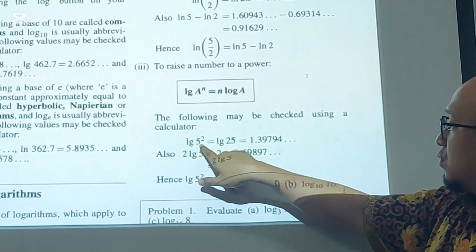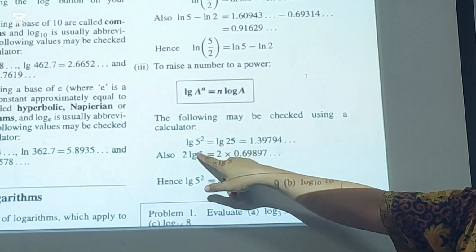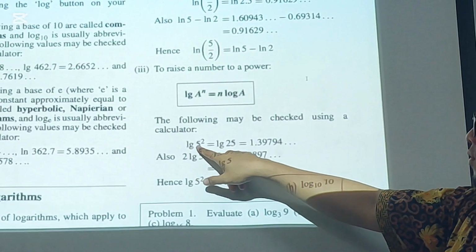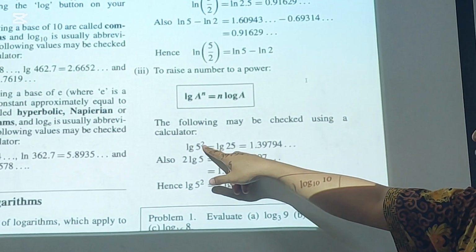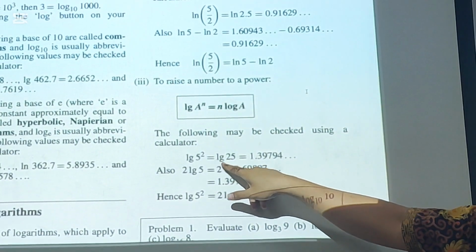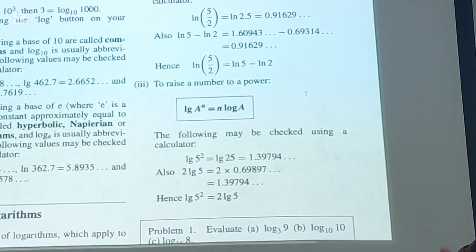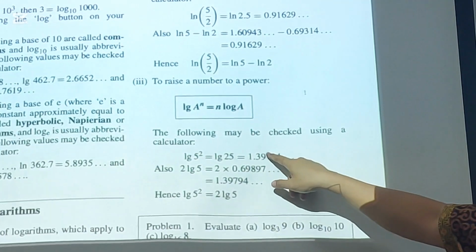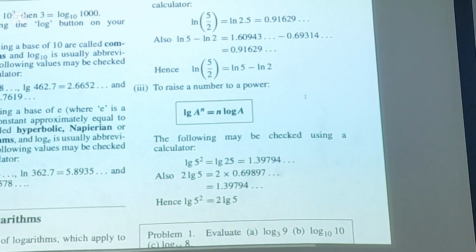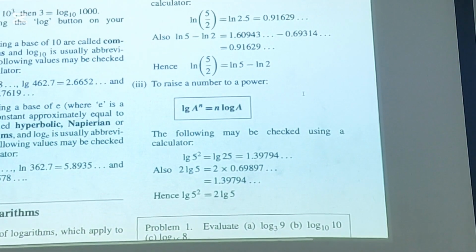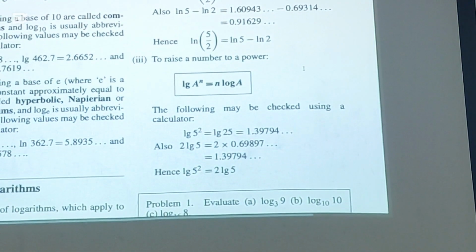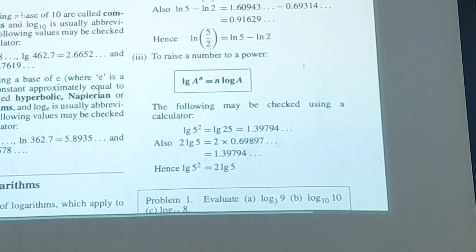But if you use the first way, you can also get the same value. Ln 5 powered by 2 will be equal to ln 25. Using your calculator, you will get the same value with this. This is the third law of the logarithmic function.